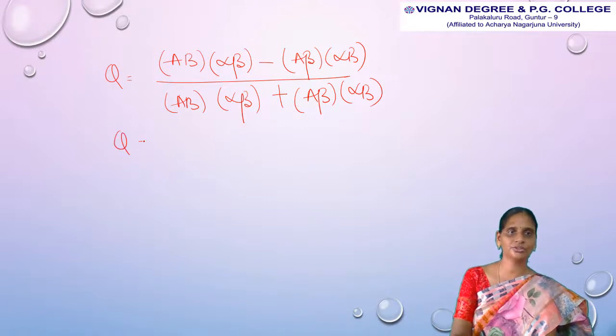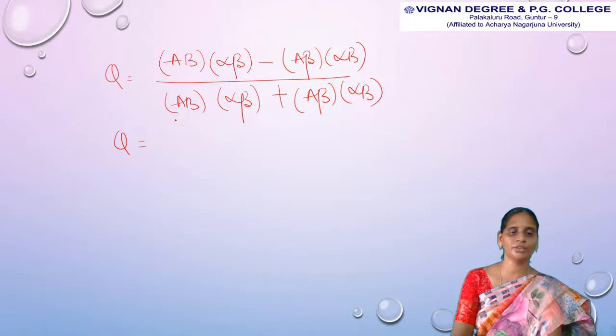Now we have to substitute the values. In the given problem we are given the value of frequency of AB, that is 35, and the remaining values we have calculated.